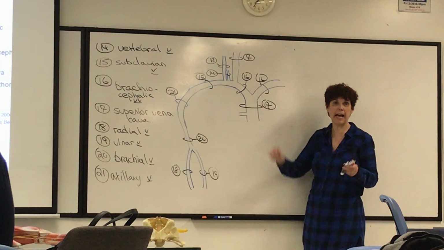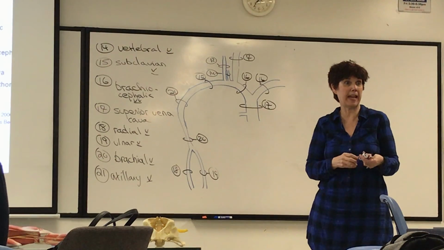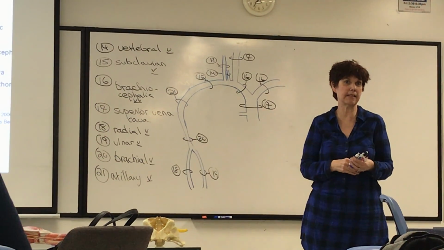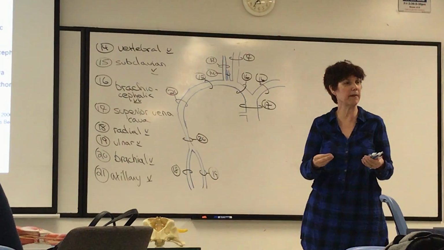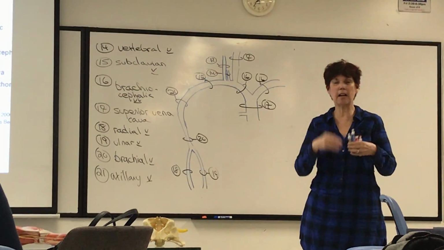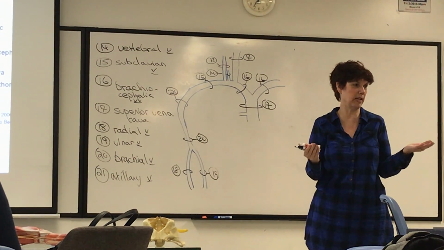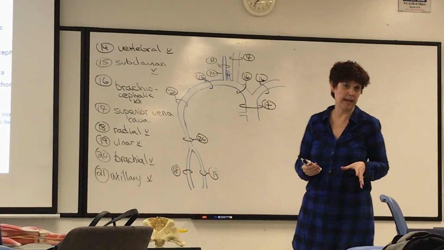Okay? Now, as you can see when you look at yourself, we have superficial veins that are found in the skin. We don't have arteries there because it's too dangerous to tear the skin and cut an artery, all right? But we do have superficial veins. They vary greatly. Many times they don't have a name. We just call them communicating veins or venous communicantes, but some of them are named, all right?